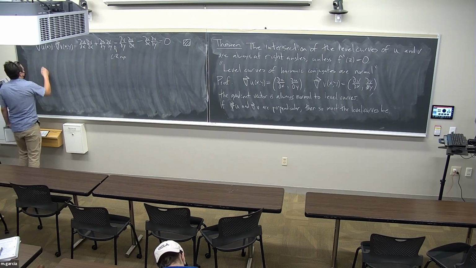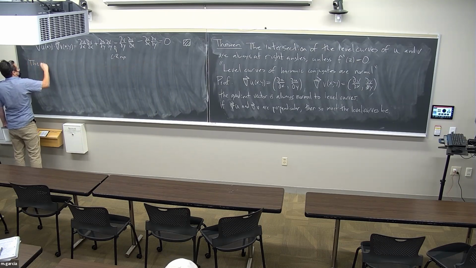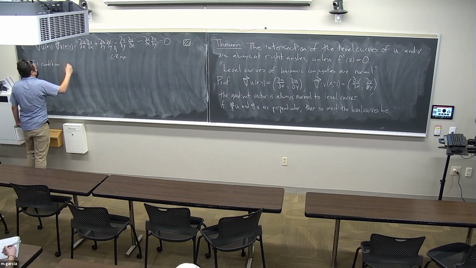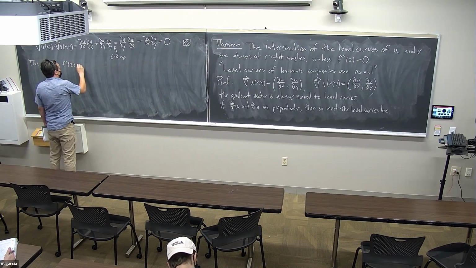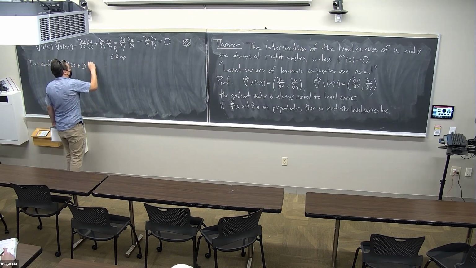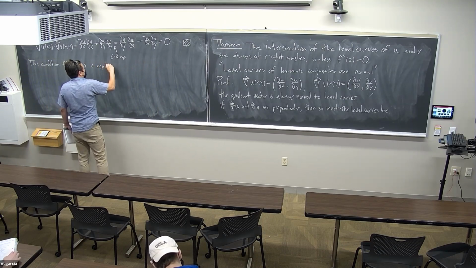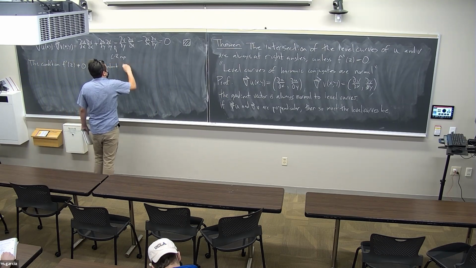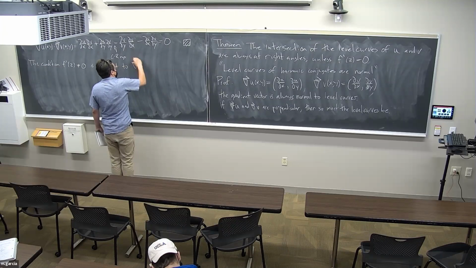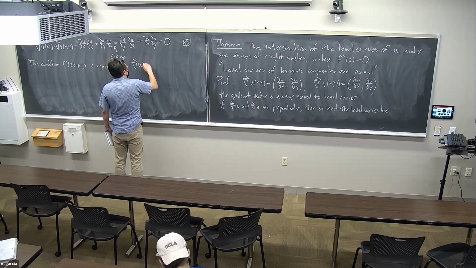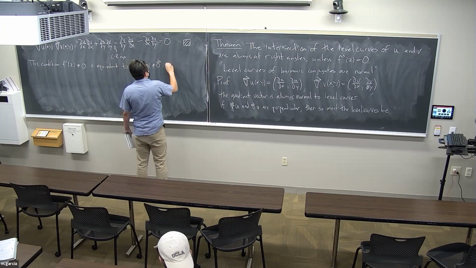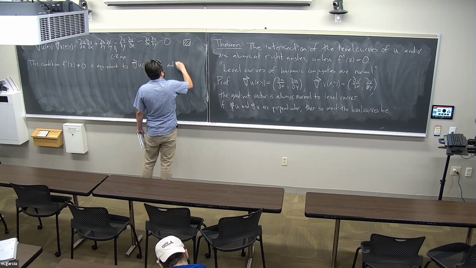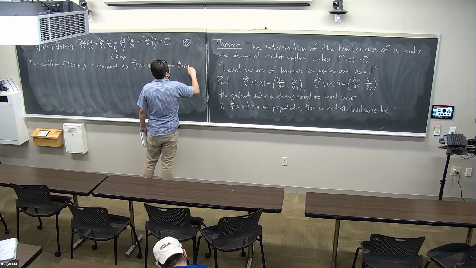Let me just reiterate this. The condition f prime of z not be equal to 0 is equivalent to insisting that the gradient of u at x, y is not equal to the 0 vector, and the gradient of v with respect to x and y, again, is not equal to the 0 vector, right?